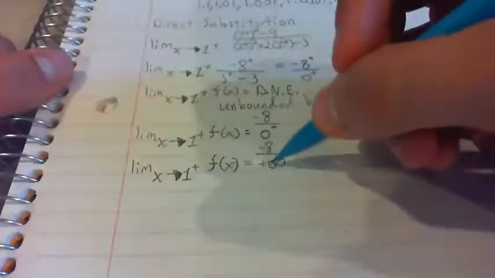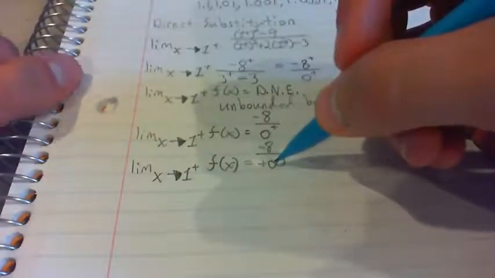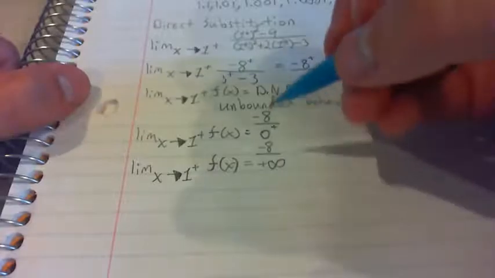Now, a negative number divided by a positive number is going to come out to a negative number. So what do we have here? Well, this is our true answer. The limit as x approaches 1 from the right of f of x is equal to negative infinity.